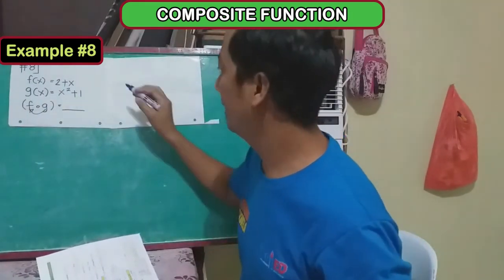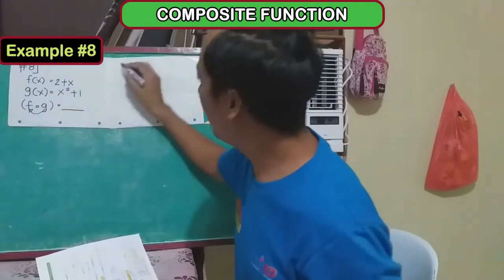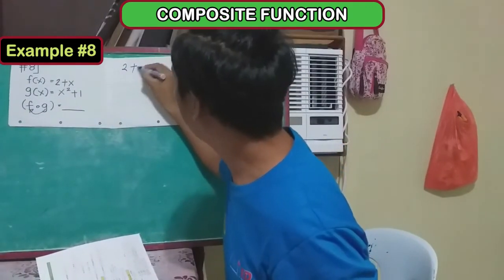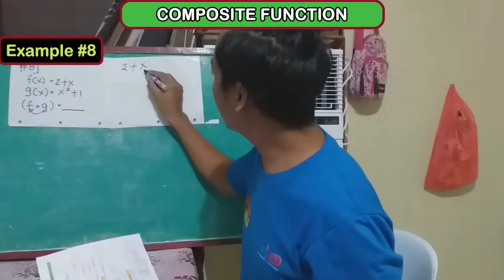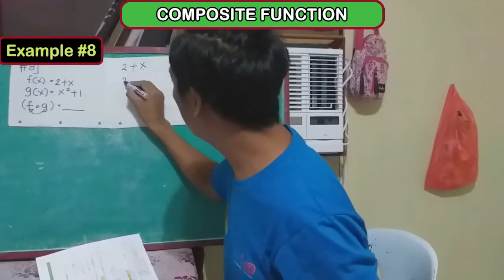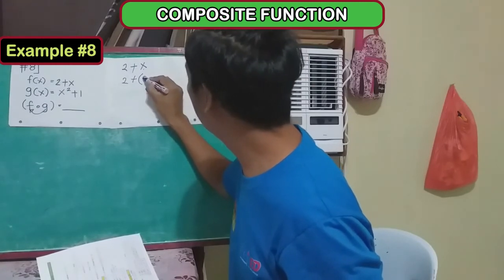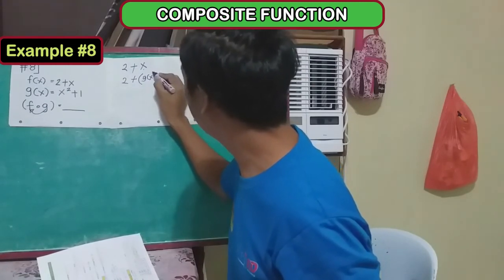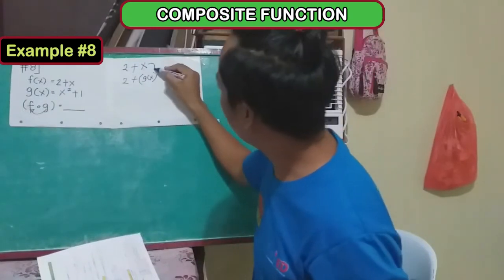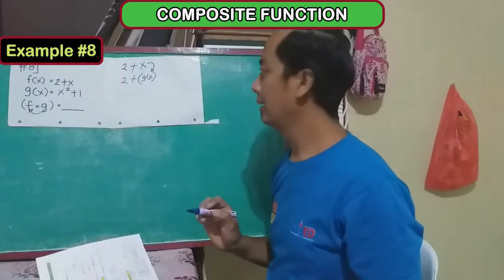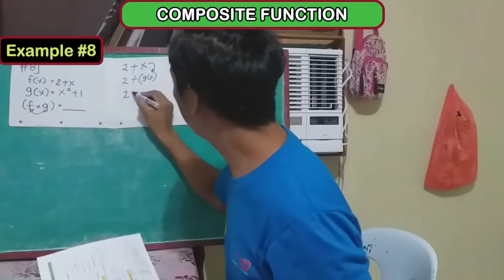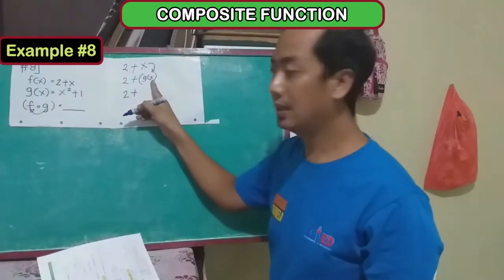So, f muna, 2 plus x. Dun sa x, ilalagay natin yung g. So, 2 plus, gagawin natin itong g. Itong x, gagawin natin g. So, ngayon, 2 plus, ano yung function of g?